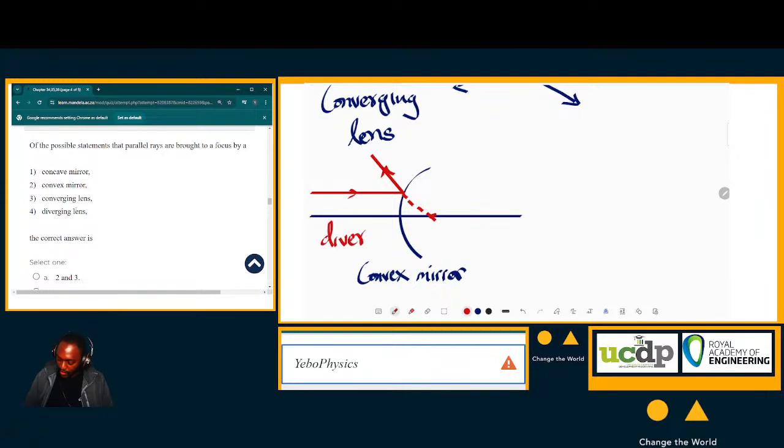It will not converge the rays, it will diverge the rays. Okay, and let's see what about a concave mirror.